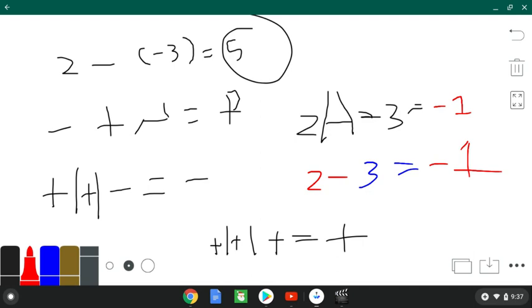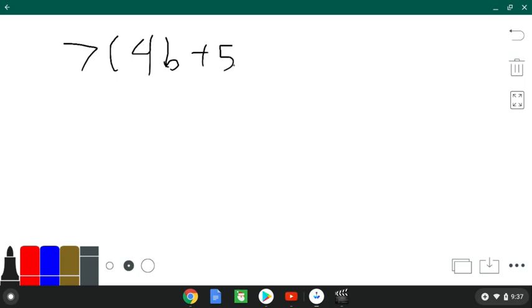And it's time to move on to these random questions I have for you, which I'm going to put out in base for you, okay? So I'm going to use my black, and 7 parentheses, let's see if you guys can figure this out, 4b plus 5x. Okay. One question. I'll explain it to you if you guys can't figure this out.